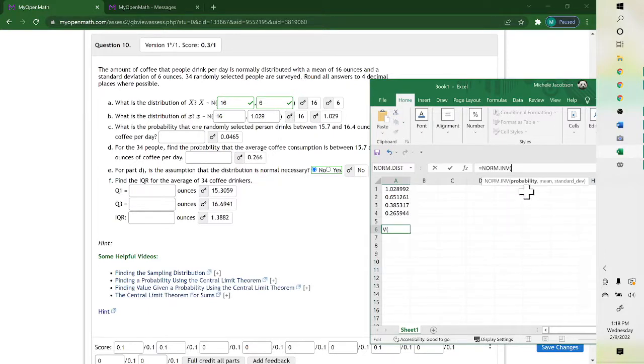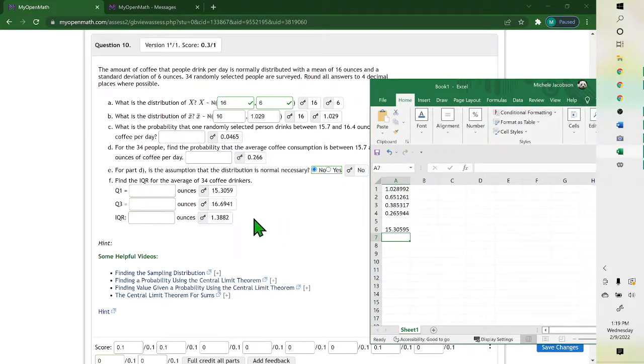When you use inverse, it asks for the probability, which was 25% as a decimal, then your mean, which was 16, and the standard deviation. Since this is a sample of 34, we're using the 1.029. So approximately 15, but they wanted you to round to 4 decimal places.